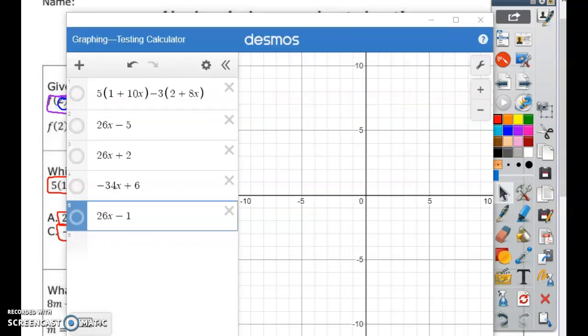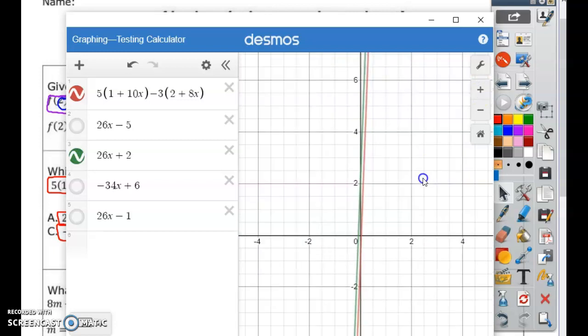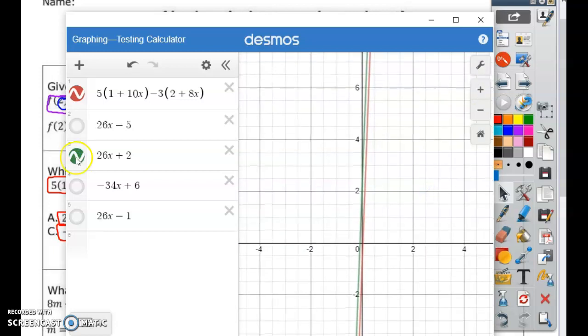I paused the video, and this is what I typed up, and I turned them all off. I'm going to turn them on one at a time. That's what this one looks like, red. The blue one, is that the same as my red one? No, so that's not it. Turn on the other one. It's really close, but if I zoom in, they're not the same. So that's not it.